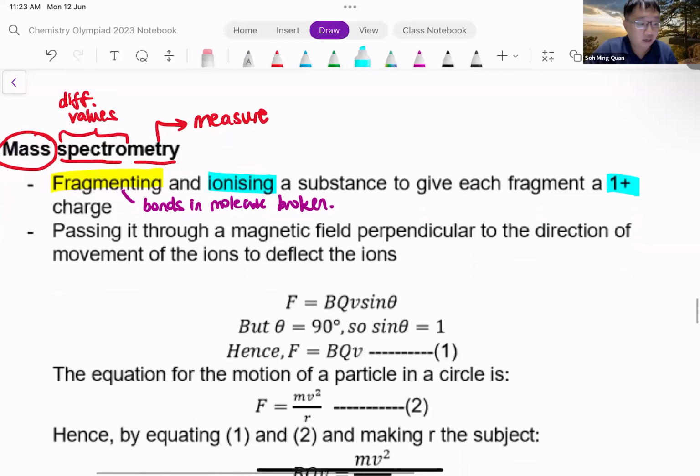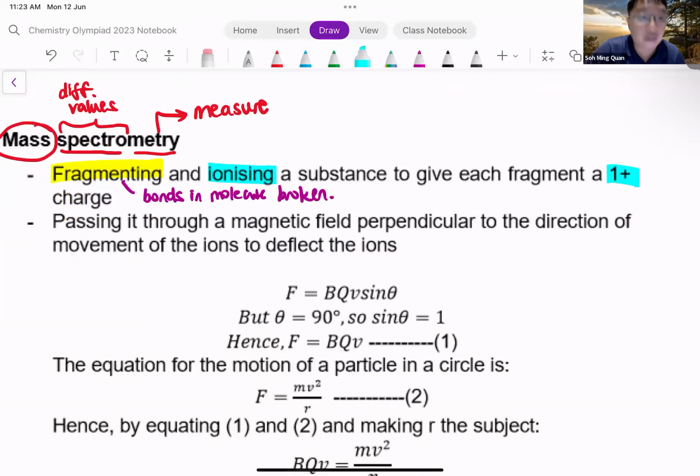Why is this important? You need to give the fragment a charge so that it can be accelerated through an electric field, then pass through a magnetic field. Magnetic fields deflect charged particles. This is similar to how a current-containing wire is deflected in a magnetic field.